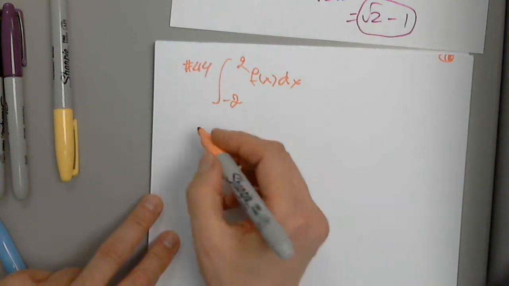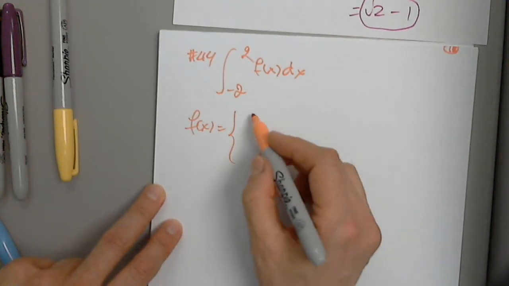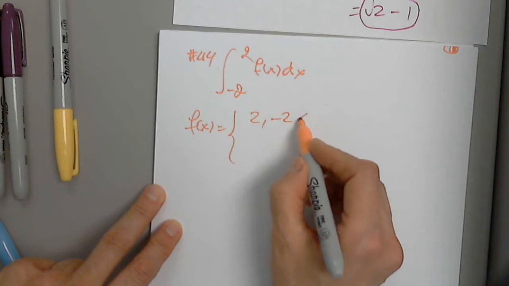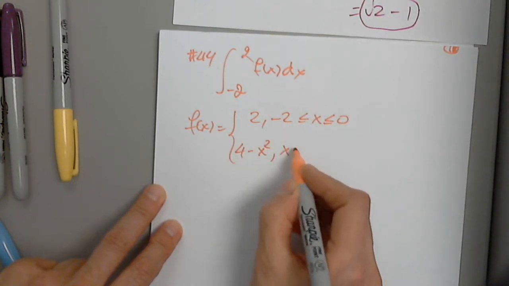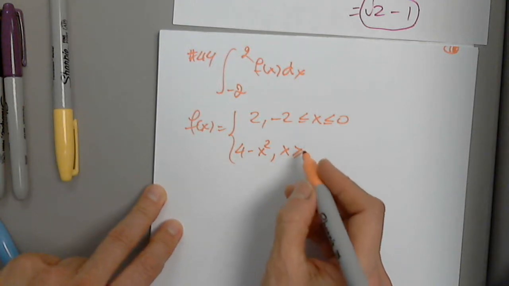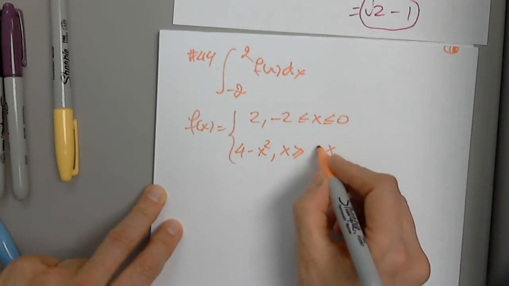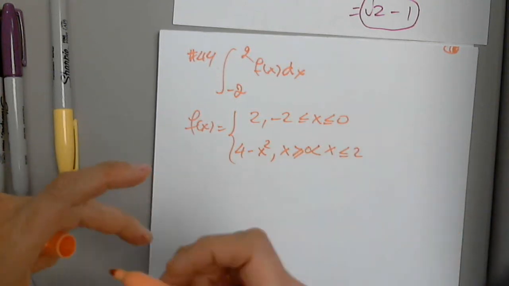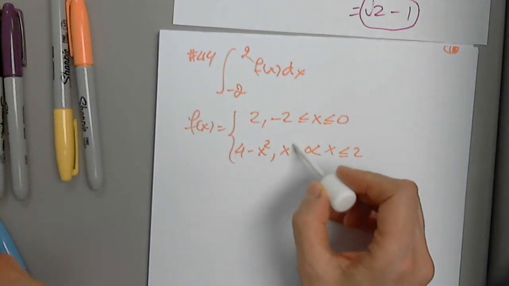And they are giving us the function f of x as being 2 for negative 2 less than or equal to x less than or equal to 0, 4 minus x squared for x greater than 0 but less than or equal to 2. So for x between 0 and 2.